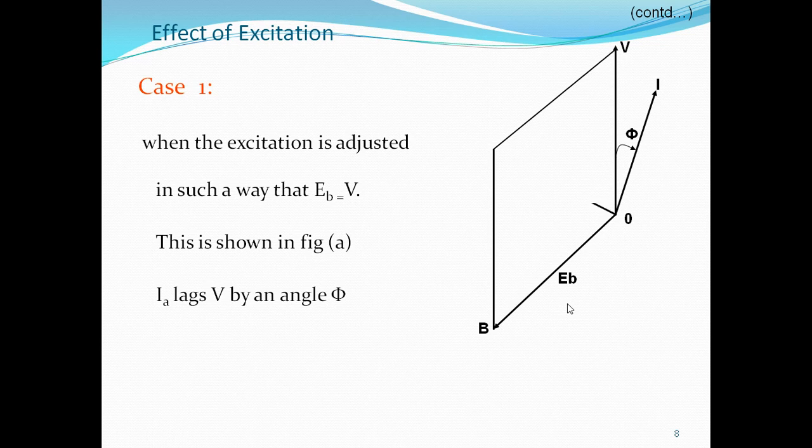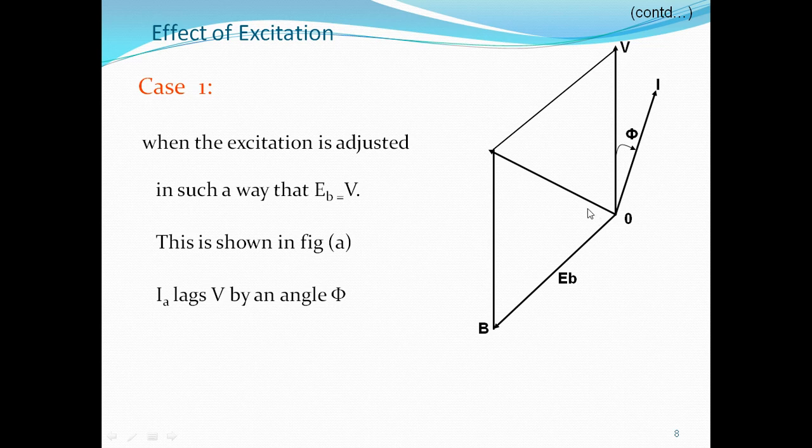And what is the resultant vector? If you add supply voltage V and back EMF EB vectorially, then you get a resultant vector ER.